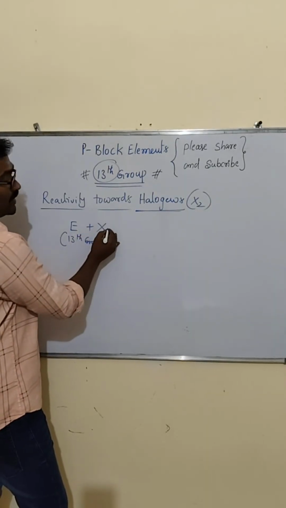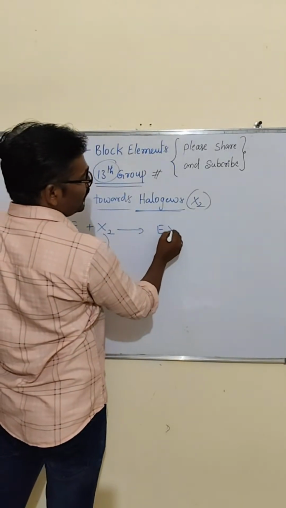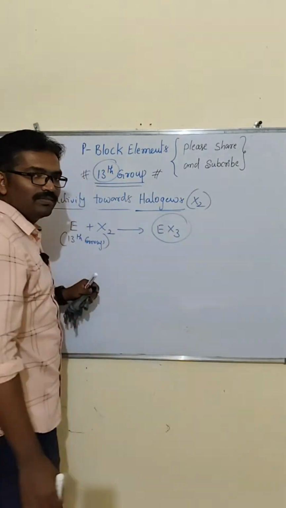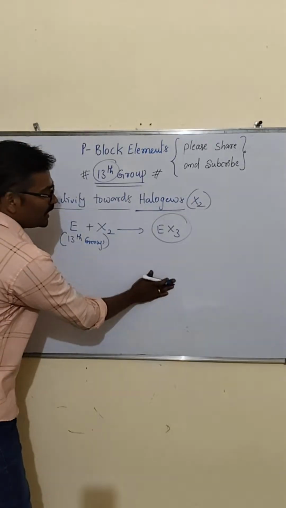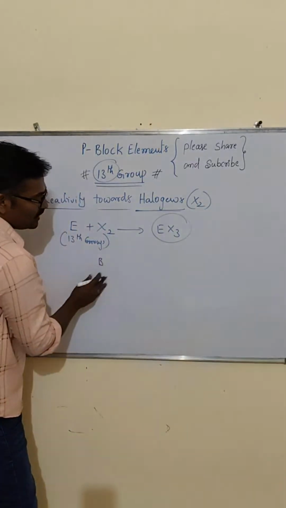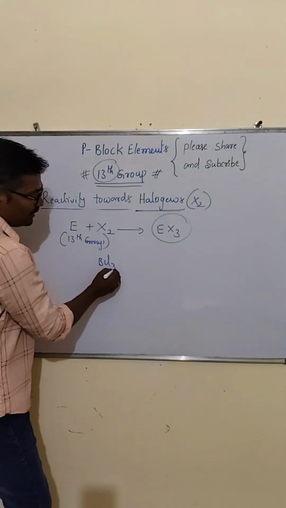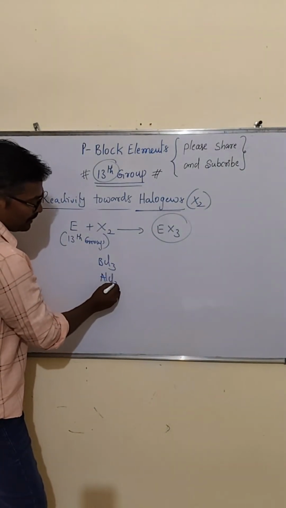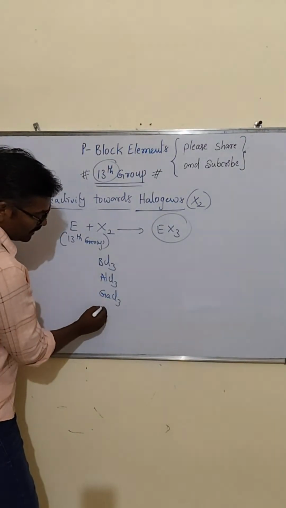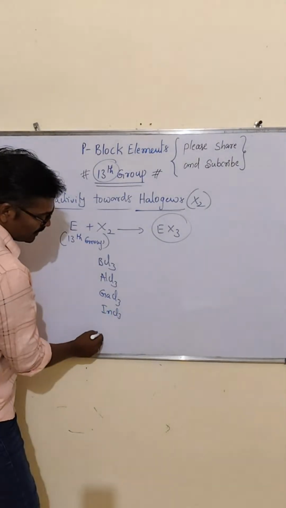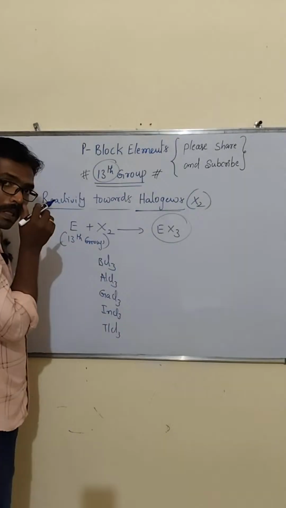When the 13th group elements react with the halogens, EX3 type halides will be formed. In the case of chlorine, BCl3, AlCl3, gallium GaCl3, InCl3, and thallium TlCl3 are formed.